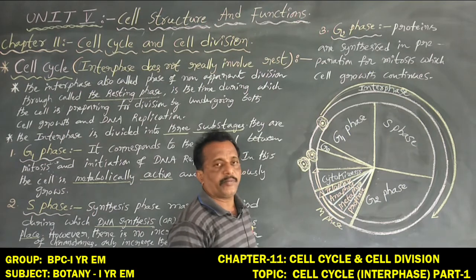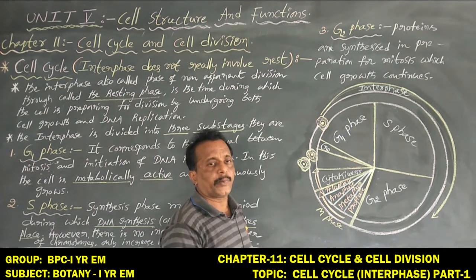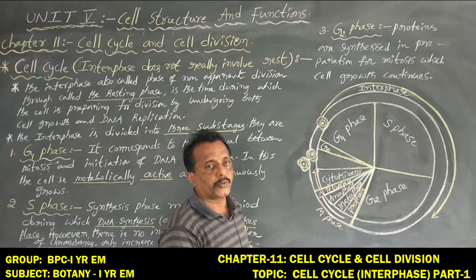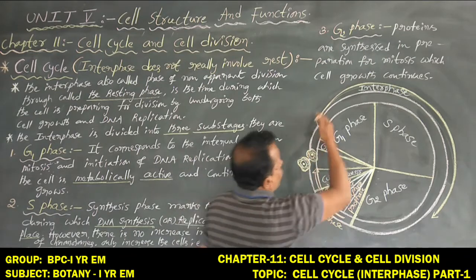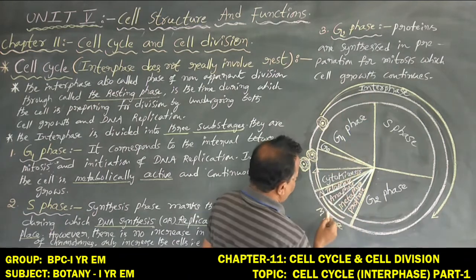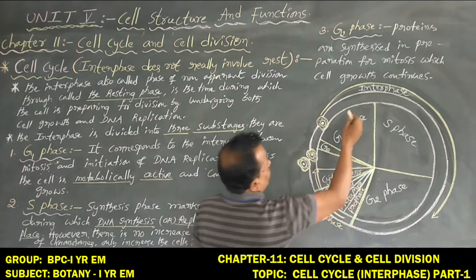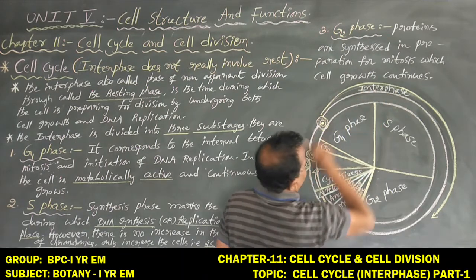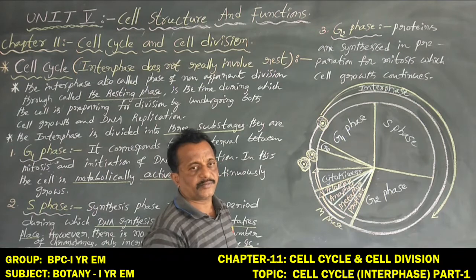In general, the plant body is made up of a group of cells, more than two cells. The plant cell cycle consists of mainly two phases, namely the first phase, interphase, and the second phase, M phase.